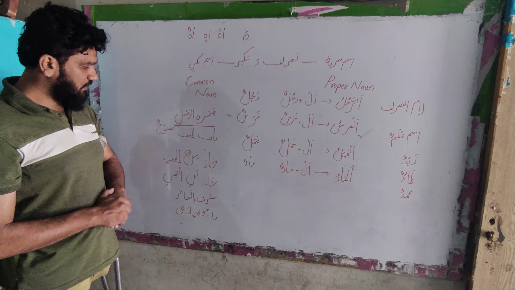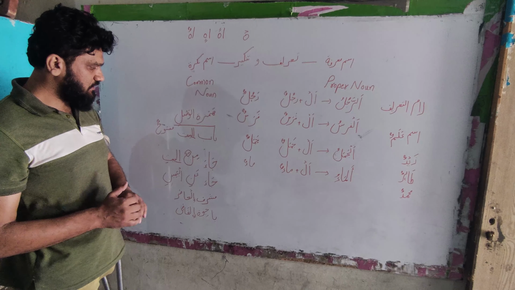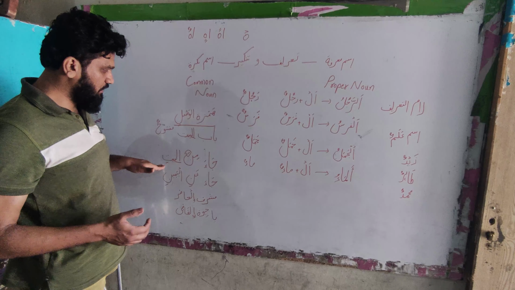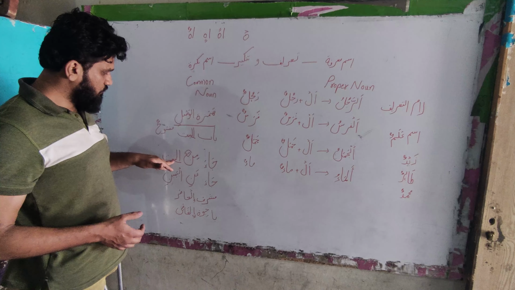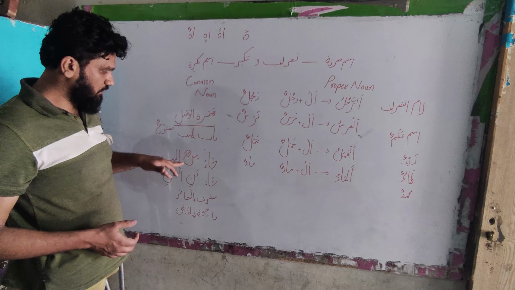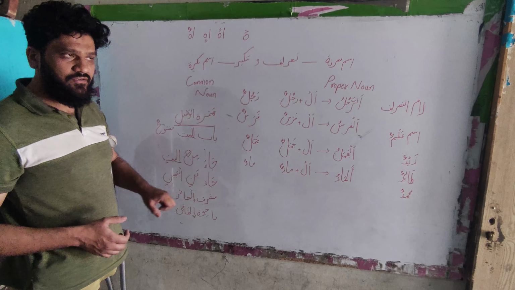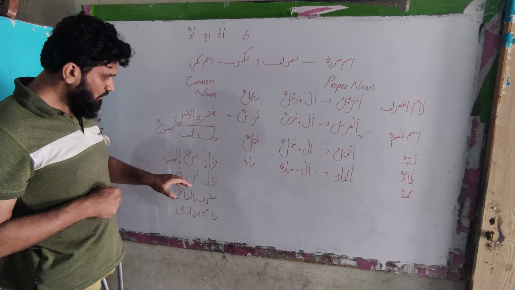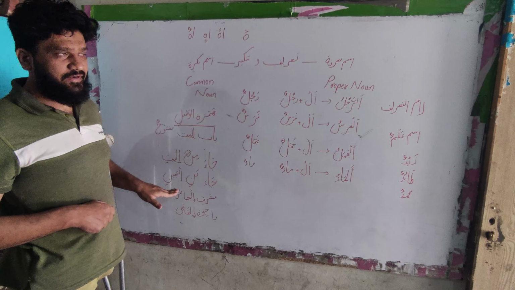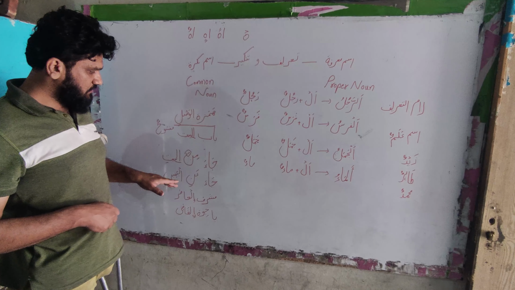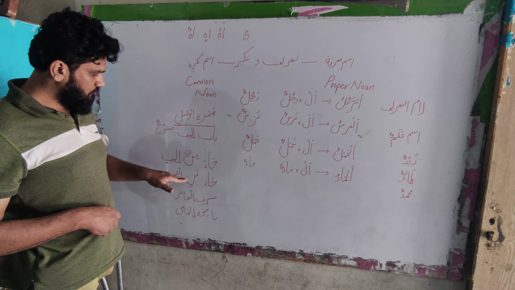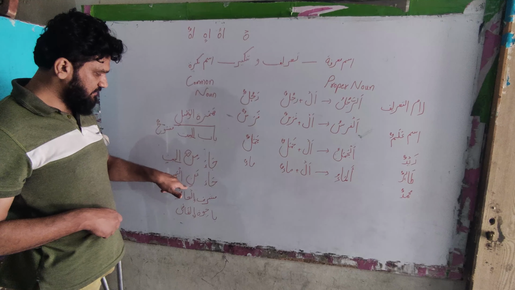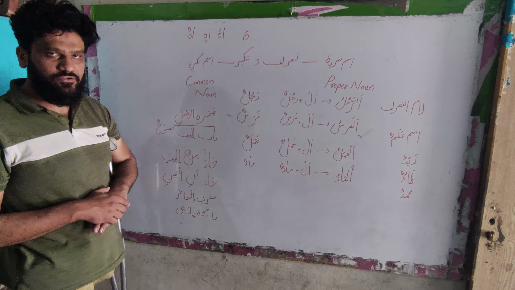So it's Ja'a minal bayti, meaning he came from the house. Noon is connected to lam and it has a fatha on it. And in the case of an, Ja'a anil yamini, he came from the right side, and noon has kasra under it, which is connected directly to lam.